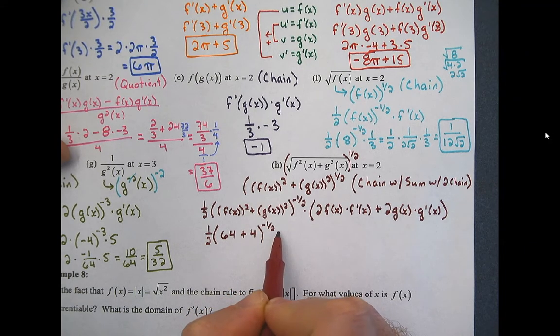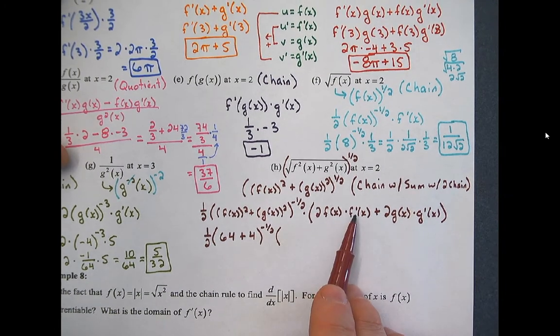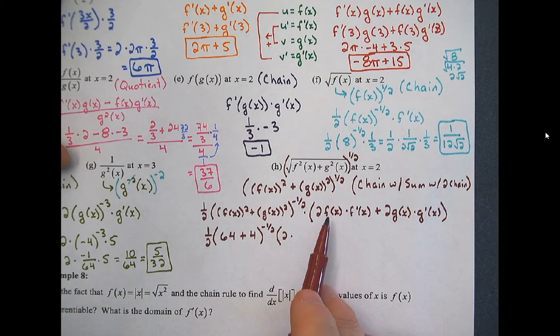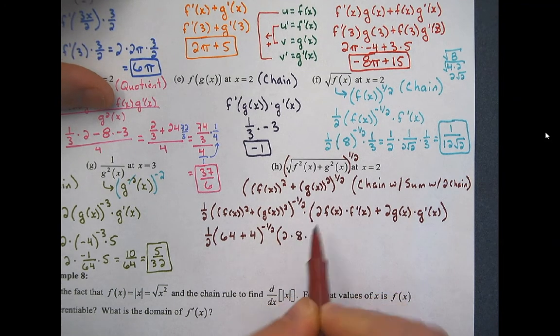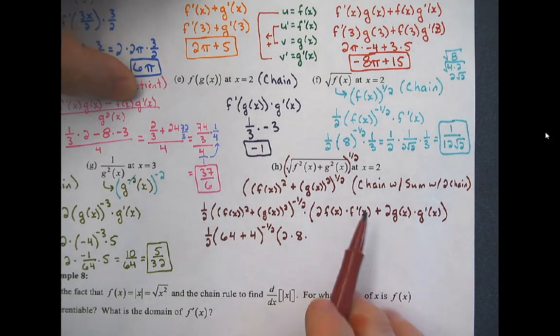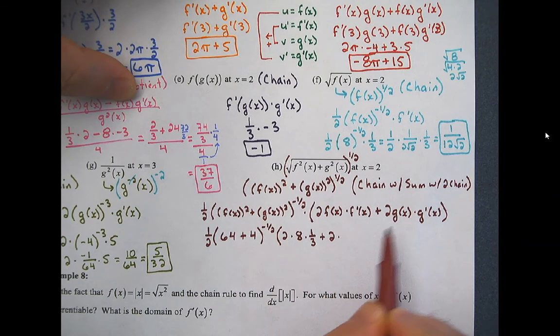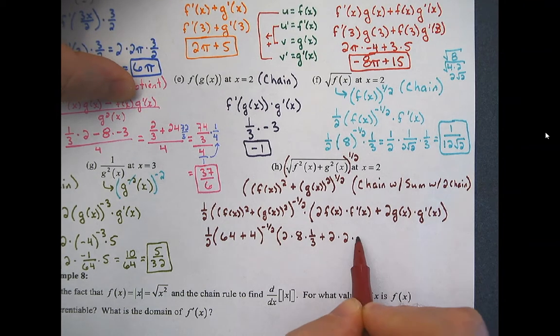Times 2 times f of x times f prime of x. Actually, this is going to be too much to do in my head. Times f of x at 2 is 8, times f prime of x at 2, which is 1/3, plus 2 times g of x at 2 is 2, times g prime of x at 2, which is negative 3.